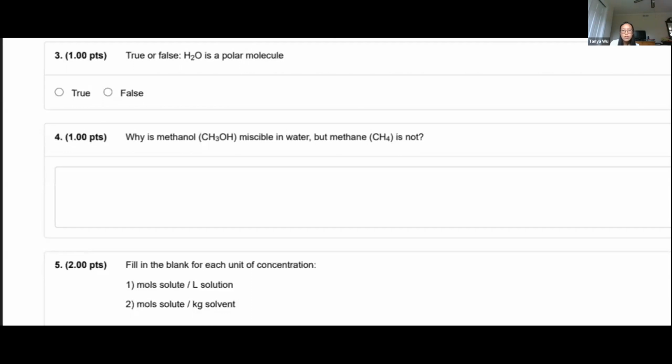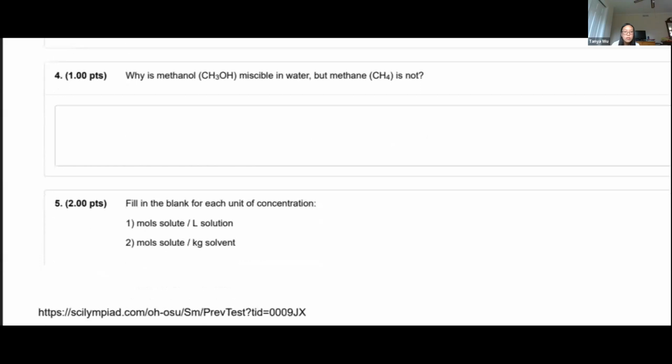Yes, okay. Yeah, water is definitely a polar molecule because the oxygen is incredibly electronegative, and that's actually a hydrogen bond there. So the oxygen has a lot more of that partial negative charge. And it's not symmetrical because it's a bent shape where there's an angle in between them.